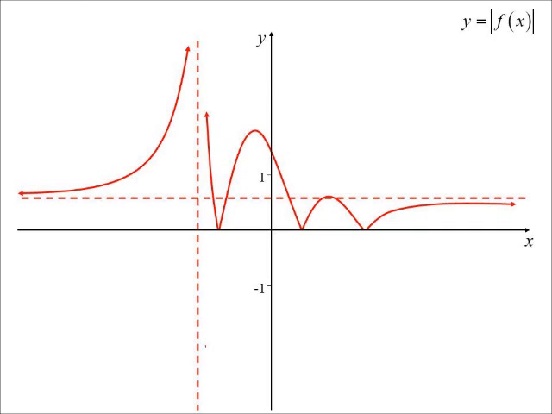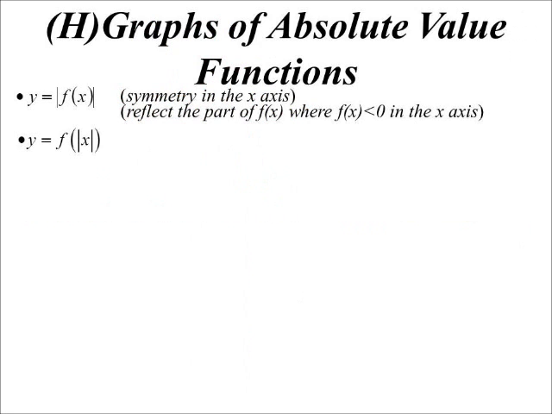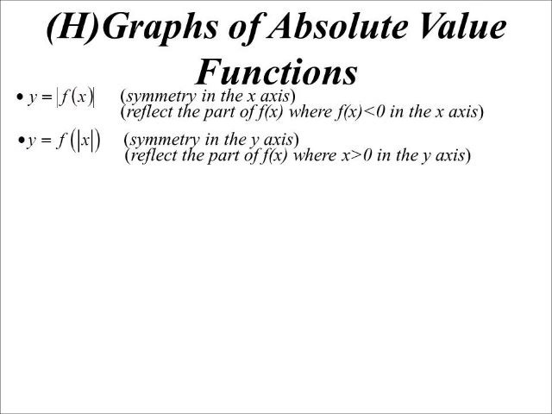All right. Well, what about function absolute value x? This is the one that has symmetry in the y-axis. But if you look at it, we're saying function of absolute value x. In other words, we can never substitute in a negative number into the function. So what actually happens is the part that's on the positive side of the y-axis gets reflected over to the negative.